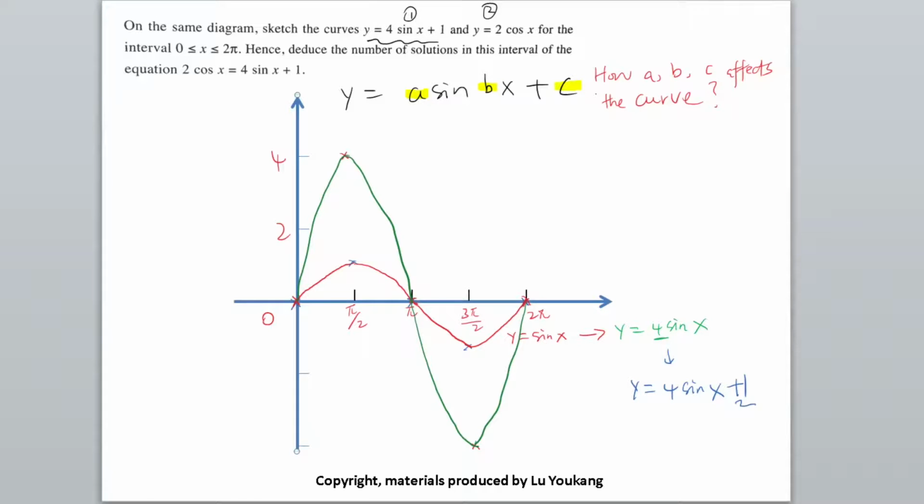So at 0 we get 1, at 4 we get 5, at 0 we get 1 again, at minus 4 we get minus 3, at 0 we get 1. So let me start plotting, or let me start marking out all these points.